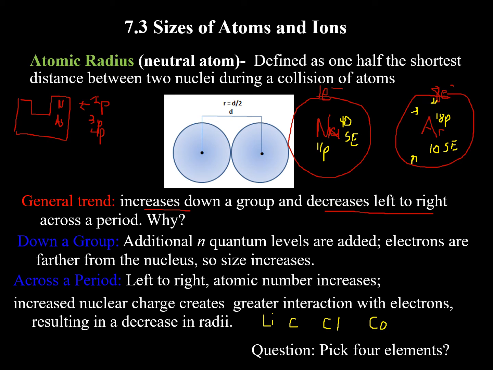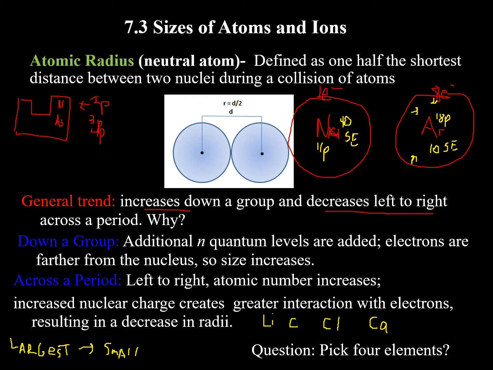And my question to you is, put these from largest to smallest. I'll give you a minute to try. First you have to locate where these are on the periodic table.